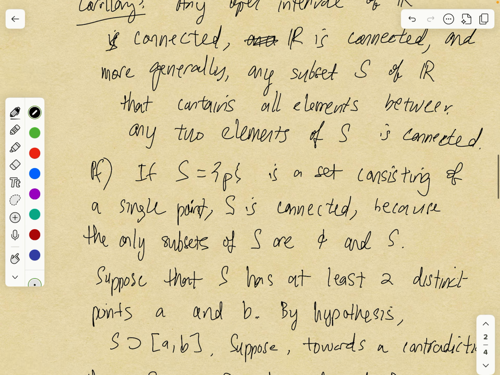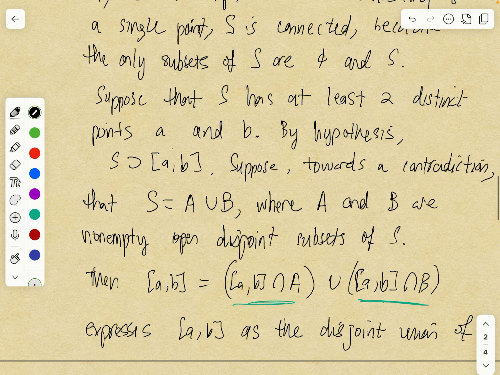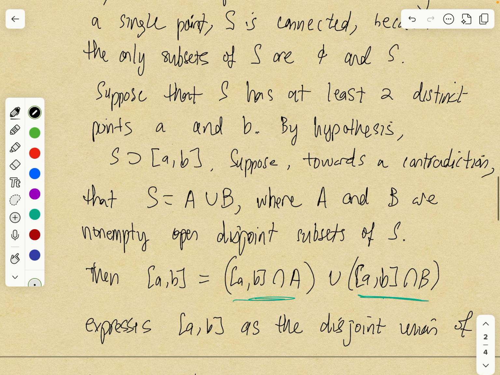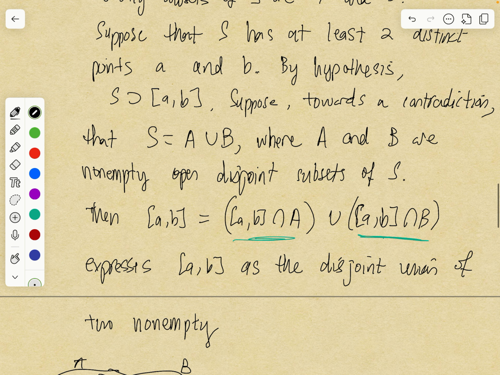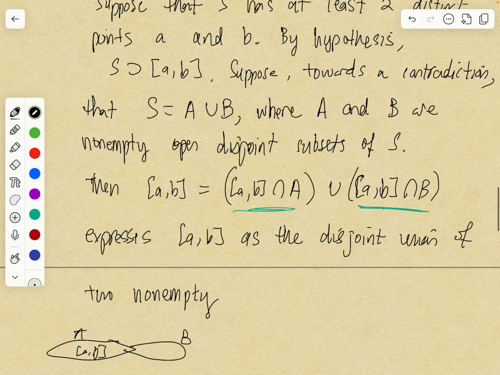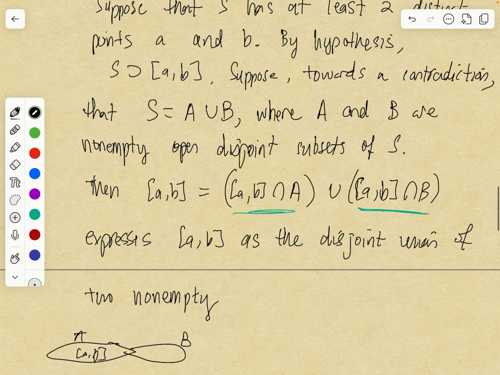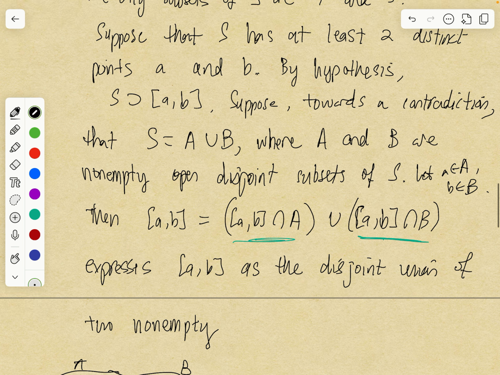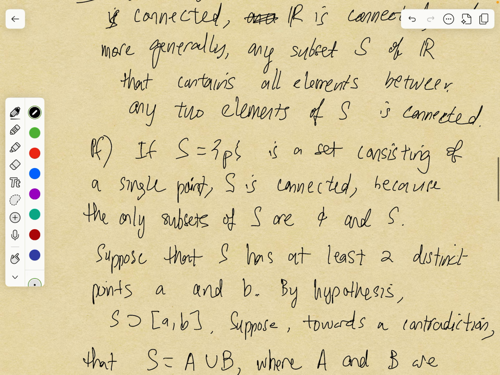Let's see. Yeah, we have to change the proof a little bit, don't we? So I think we should say, suppose that S is the union of A and B. Okay, I think we should change this to let little a be in A and little b be in B, which is fine because capital A and B are non-empty. So these are in S, therefore the closed interval from a to b is in S. Yes, this would be correct. So, okay, sorry, we have to change the proof a little bit.